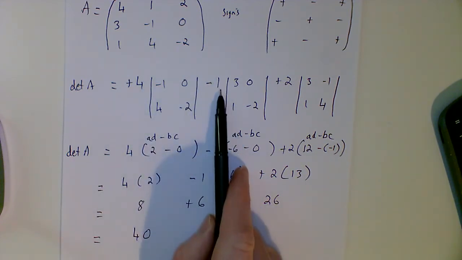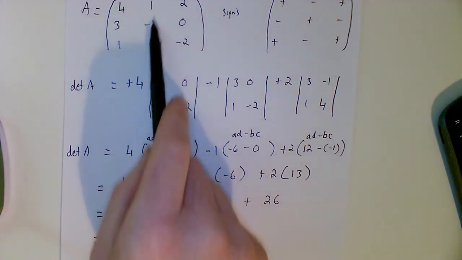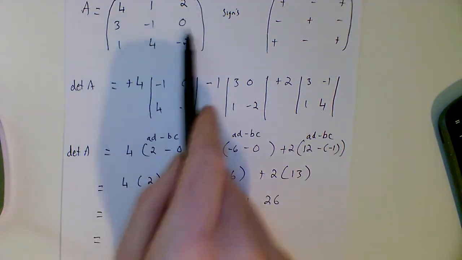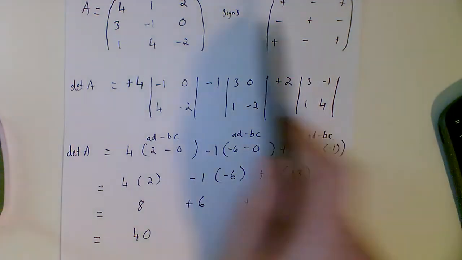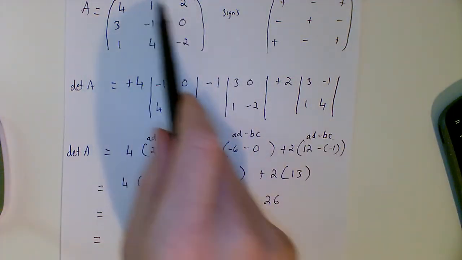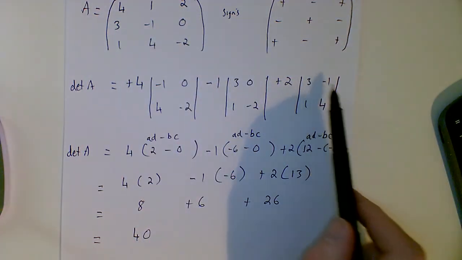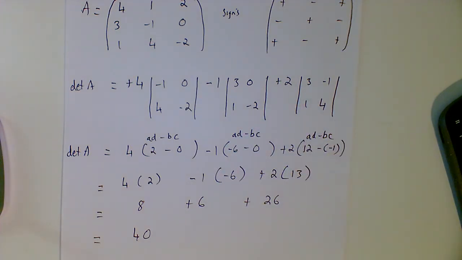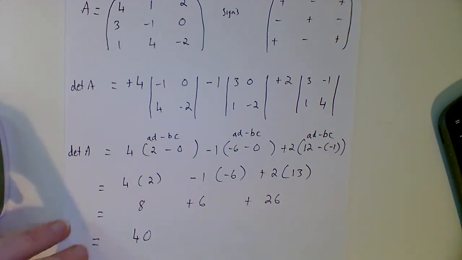Same with here, that's 1, so not on that row, not on that column, gave me 3, 0, 1, negative 2. Then lastly, this one here, 2, not on the row, not on the column, gave me 3, negative 1, 1, 4. And then I just did the process that I do for 2 by 2 matrices, because I've created a 2 by 2 matrix.